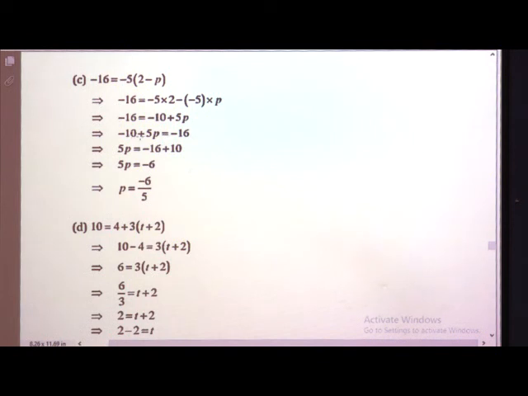So minus 10 plus 5p is equal to minus 16. Why have we done this? Because we always take the variable on the left side of the equation. So here now it is plus 5p. So we write 5p is equal to minus 16.